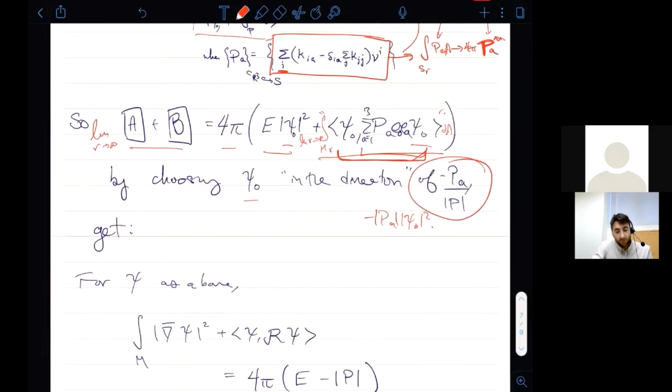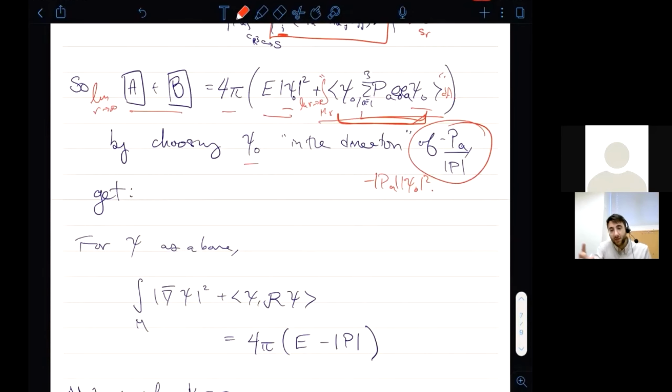theorem. So for an appropriate choice of the constant spinor at infinity, you find that the gradient, with respect to the nabla bar squared plus that curvature term, which is non-negative pointwise, we already established that, is equal to 4 pi (E minus norm P), which we know is non-negative.